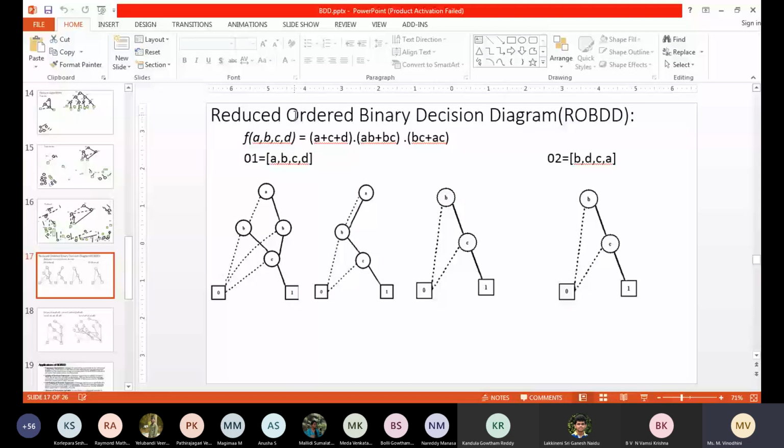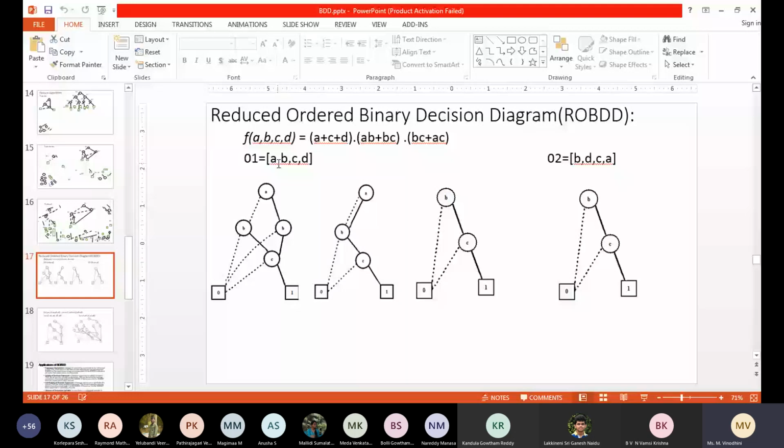Instead of taking the order A, B, C, D, if you have taken a different order and drawn the binary decision diagram, then it can be called a reduced binary decision diagram, but the word ordered will not come into the picture if you are not following a specific order.